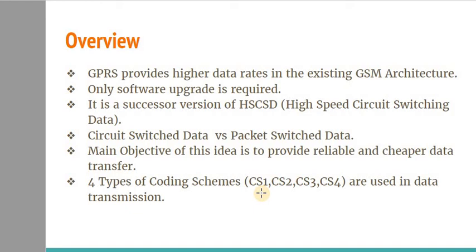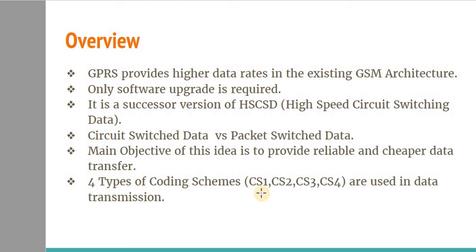These coding schemes carry 8 data transfer slots, each with different data rates. So we can have a minimum data rate as well as a maximum data rate, and we can utilize these data rates to transmit packets in the communication media.